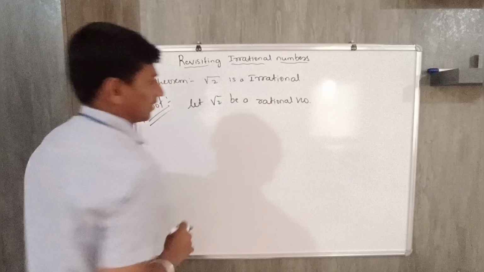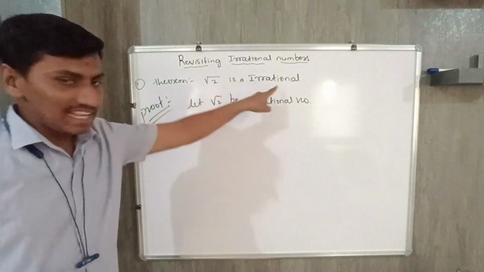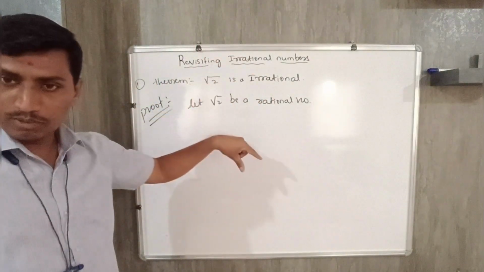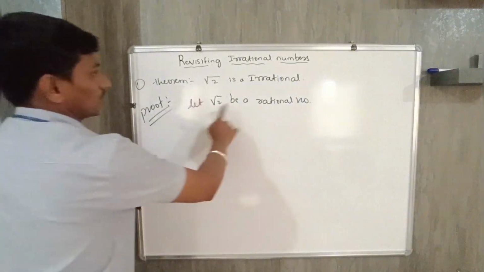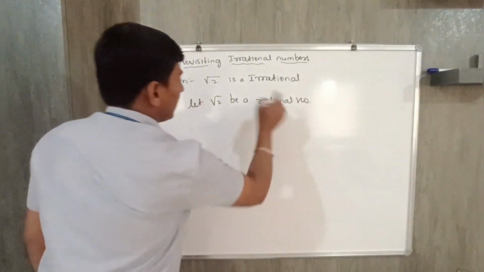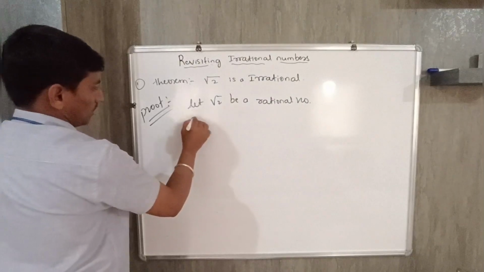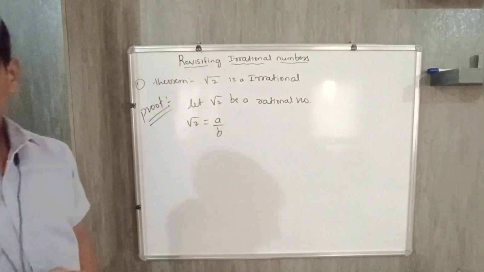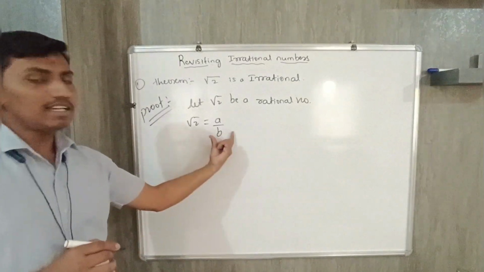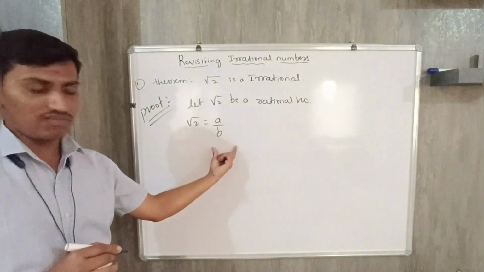Then root 2 equals a by b, which is a rational form.